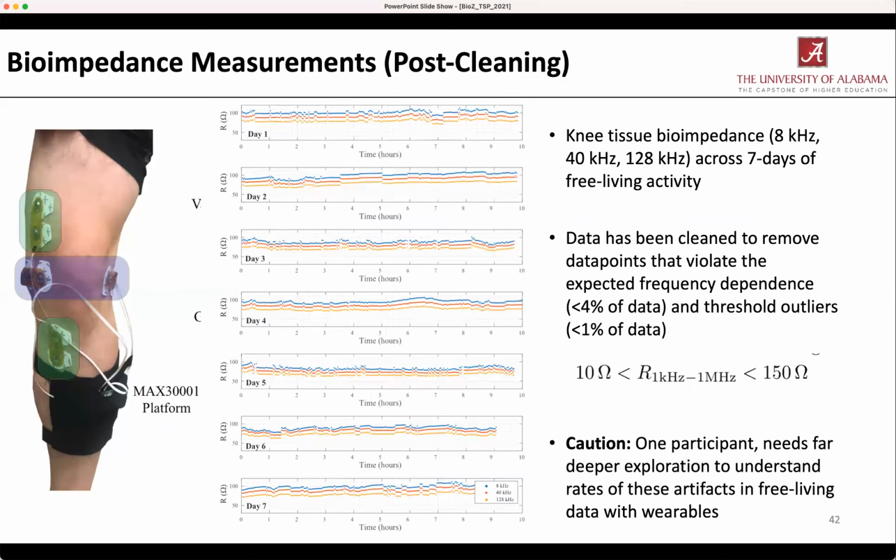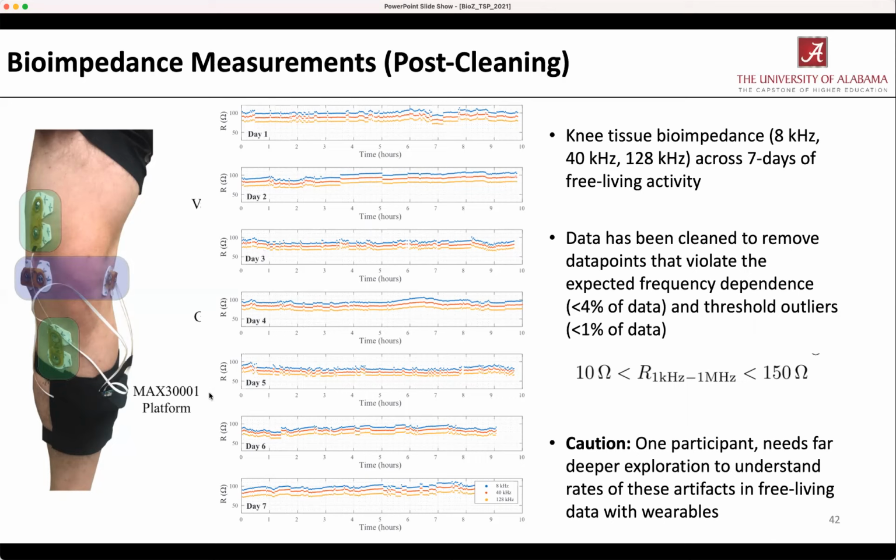So that gives us two ways that we can start to post-process and clean data before we do deep analyses: trend artifact removal, making sure resistance shows a decreasing pattern, and removing artifacts that exceed the thresholds we expect. We see that here applied to data collected from a participant, 2 sites on the knee across 7 days.